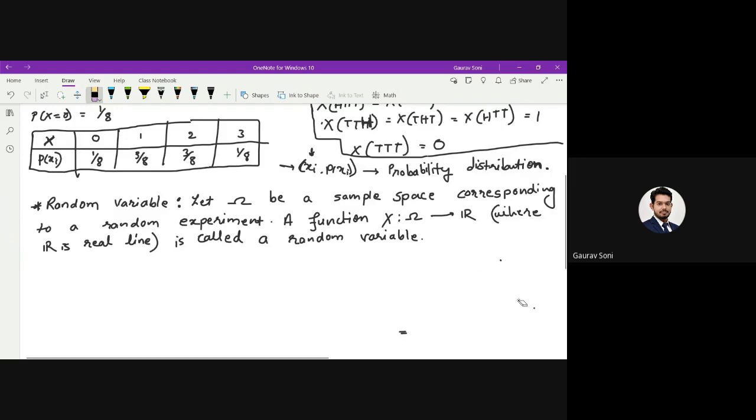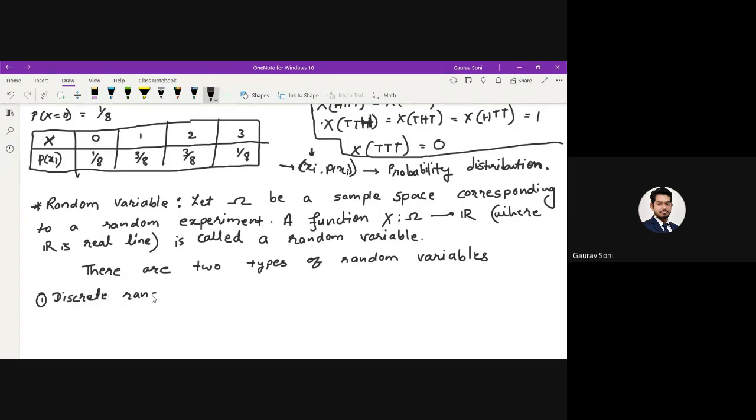So there are two types of random variables. The first one, discrete random variable.